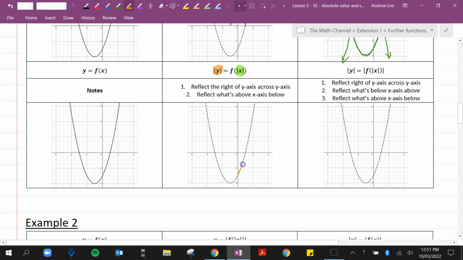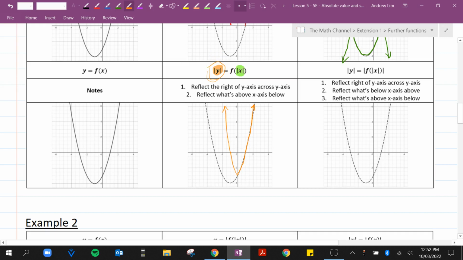So this is what we have, and we need to reflect that. Now we need to reflect what's above below. So remember how we've got this absolute value of y?